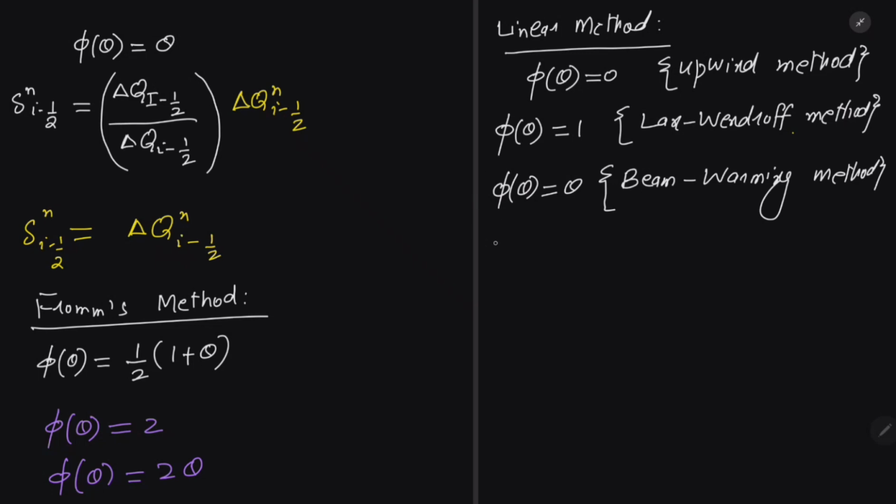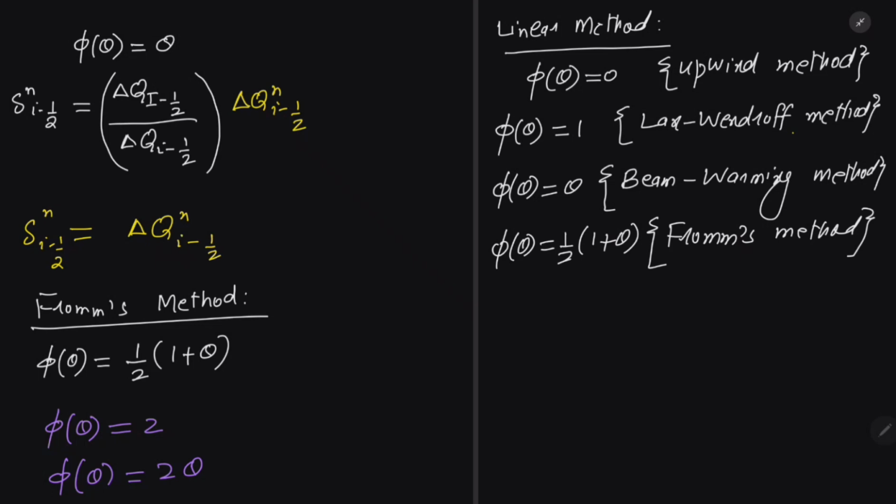When phi of theta is equal to 1 by 2, 1 plus theta, you have Fromm's method.